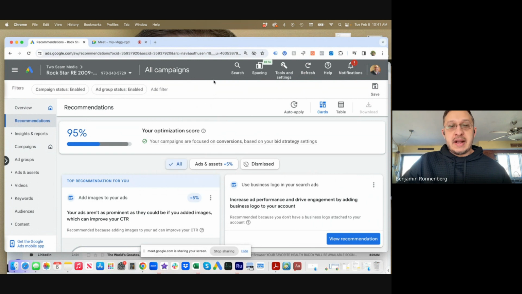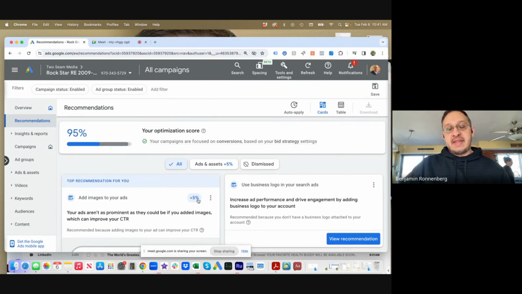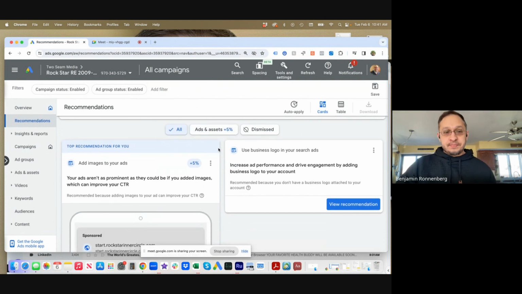Don't put too much stock into this 95% number, because you can look at these recommendations and basically ignore them, right? You can hit the 3 dots and hit dismiss all, and that's actually going to add your number up here and make it look improved. Point being, some of these recommendations you find to be not relevant for you and you can ignore them. Some of them you should consider though.